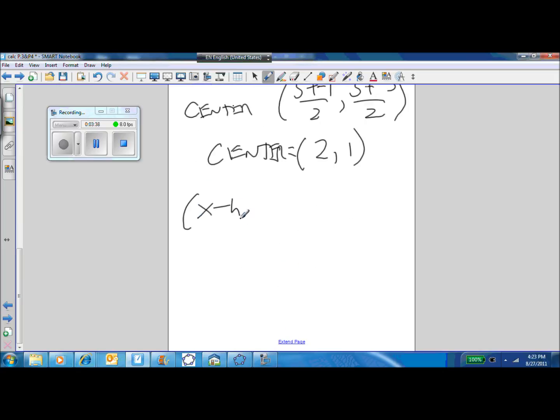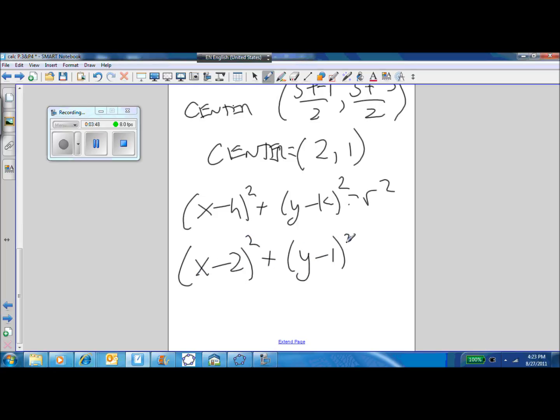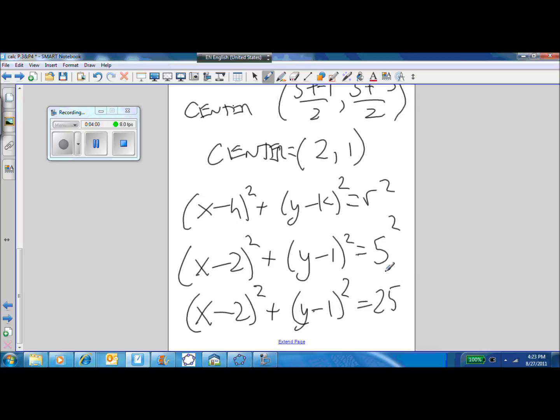The standard form is (x minus h) squared plus (y minus k) squared equals r squared. So you get (x minus 2) squared plus (y minus 1) squared equals 5 squared. So that's (x minus 2) squared plus (y minus 1) squared equals 25. And you can leave it like that. You don't have to expand it out.